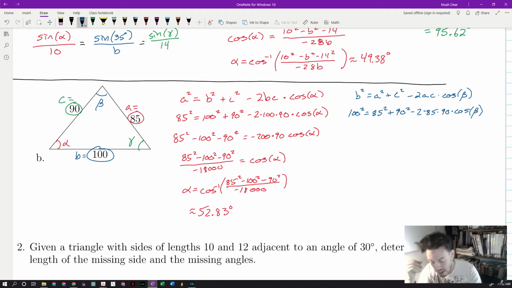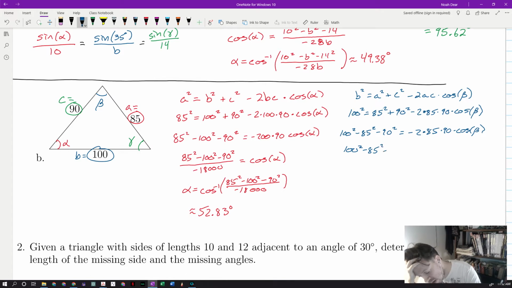So I'll subtract the 85 squared and the 90 squared. So I get 100 squared minus 85 squared minus 90 squared equals negative 2 times 85 times 90 times the cosine of beta. And then I'll divide. So I get 100 squared minus 85 squared minus 90 squared divided by negative 2 times 85 times 90 equals the cosine of beta.